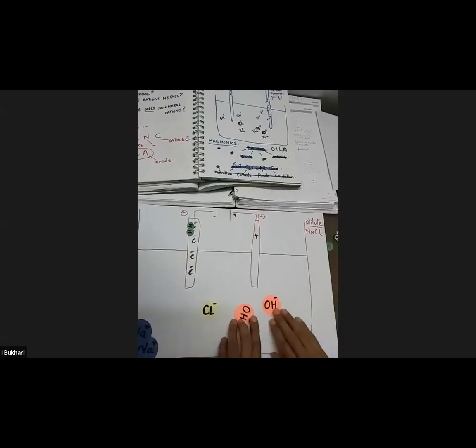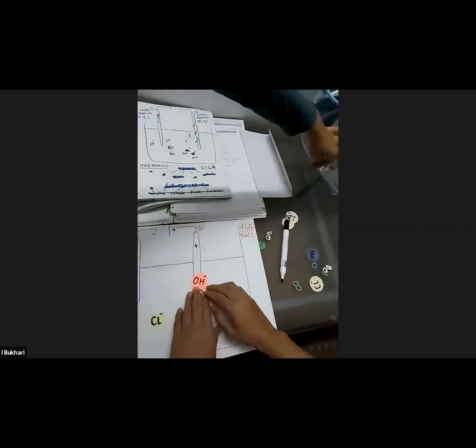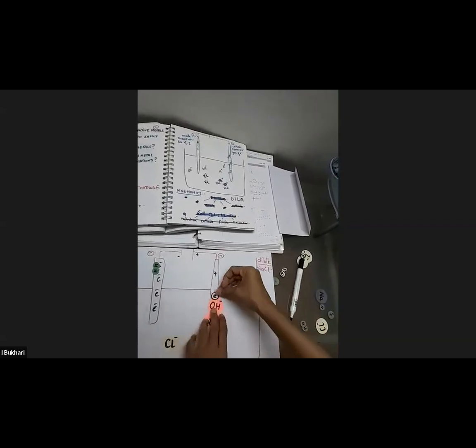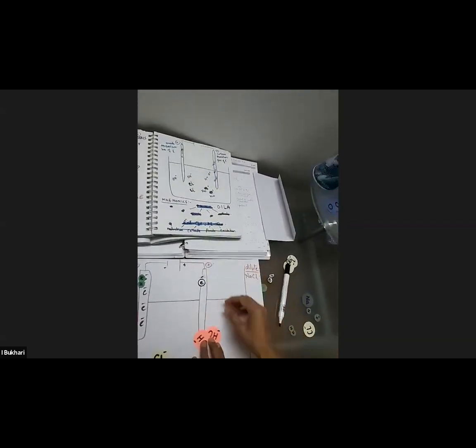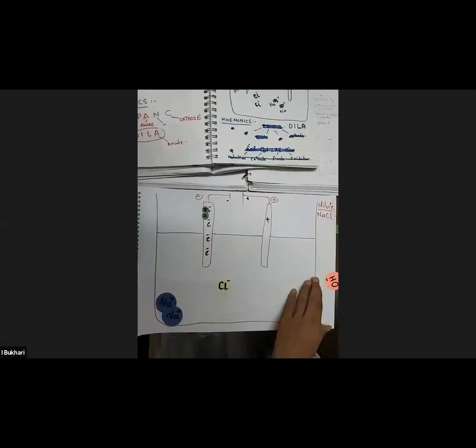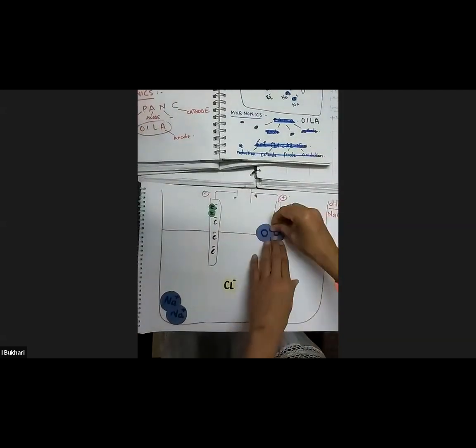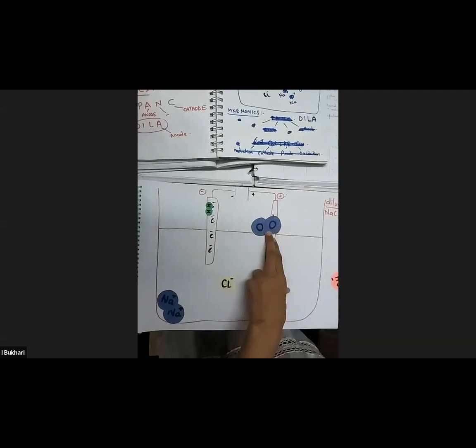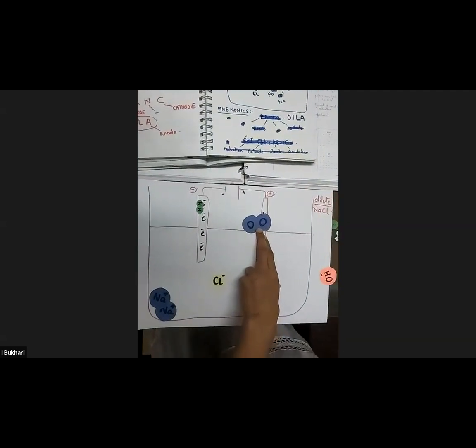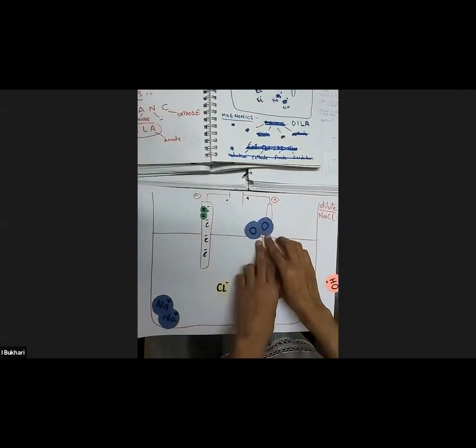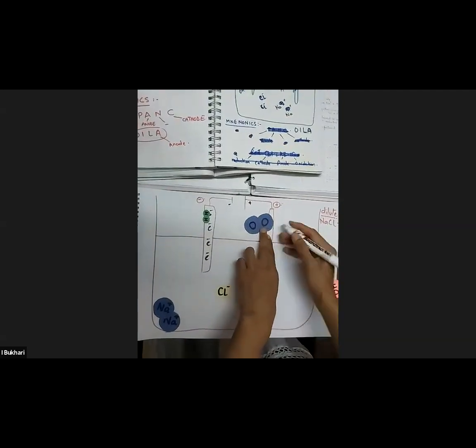This hydroxide will come here and lose its electrons to this positively charged anode. And in the process, what will be released here at the anode? Oxygen and, oh, I don't have water molecules. Okay, oxygen and water molecules.